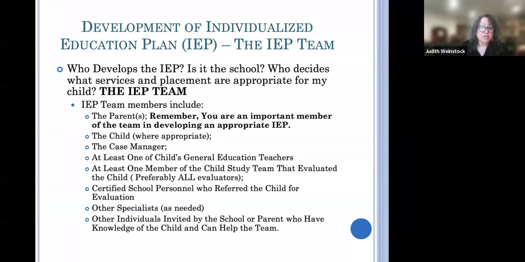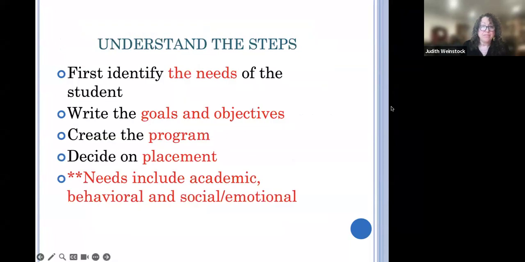Certified school personnel who referred the child for the evaluation, other specialists if it's needed, like an OT or a PT, a therapist, a psychologist, and other individuals invited by the school or the parent who have knowledge of the child and can help the team. So if a parent has been sending their child to some social skills program after school, they can have the therapist who's been working with them come address the needs of the child during the IEP meeting.